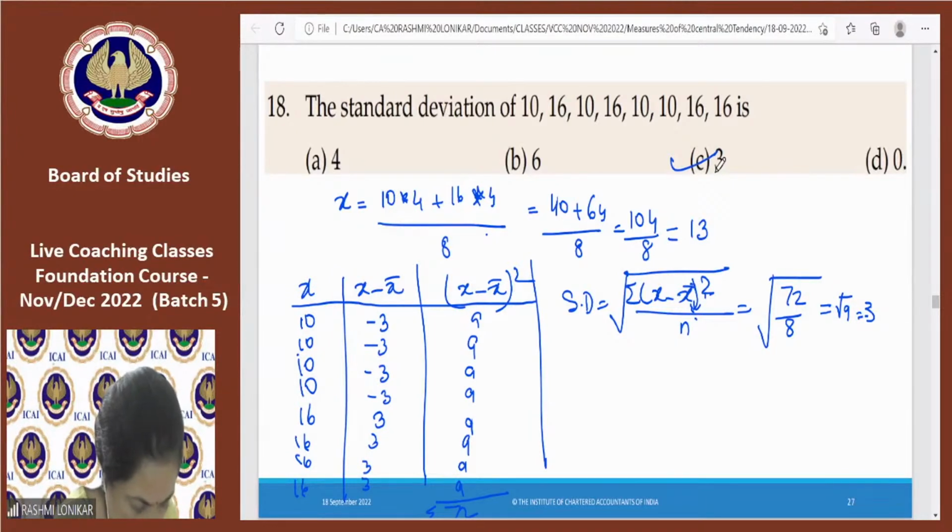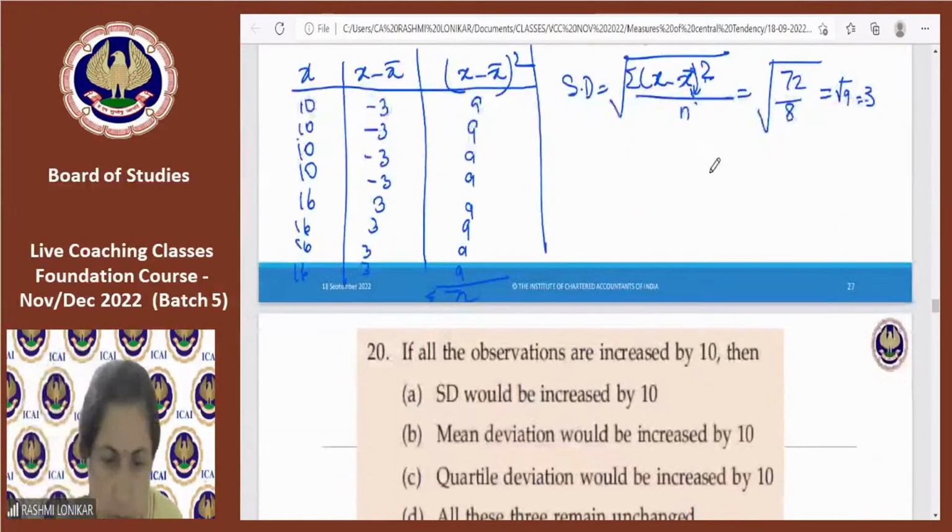I'll just see which sum shall I say. Bala, 14.2.10 in the dispersion chapter, you want.